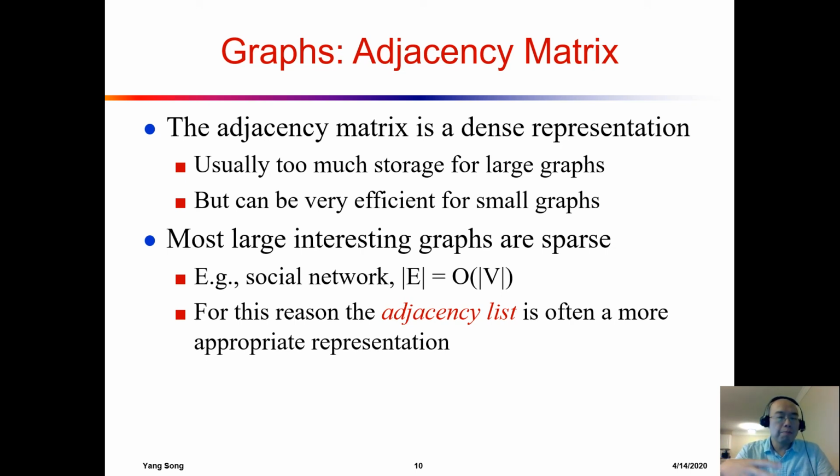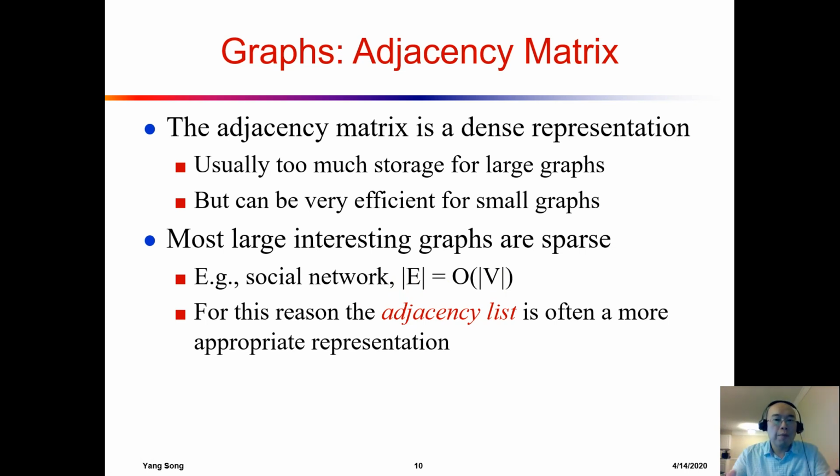There can be millions of people on a social network. However, I may only know a few hundreds of them, and that's already a lot, right? So in this case, E will be O of V. The number of edges is O of the number of vertices, so it is really sparse.